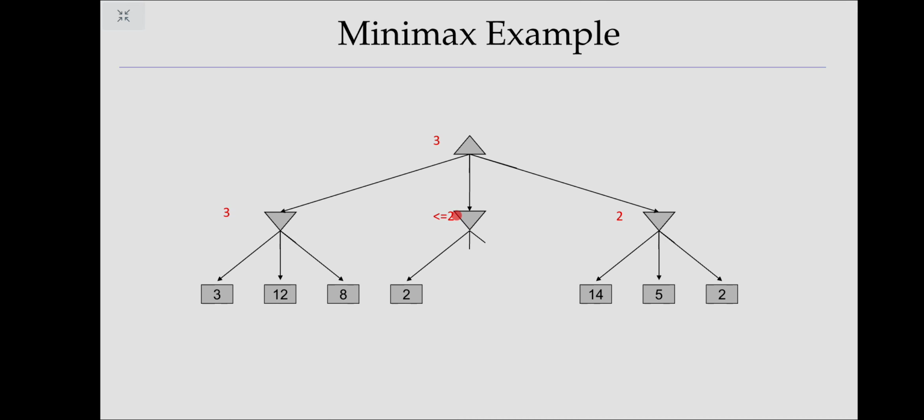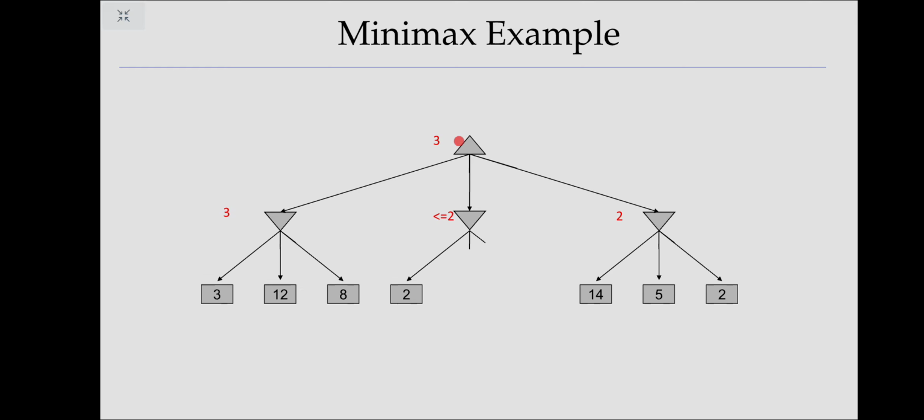Whether or not the other branches return more utility, because the min player minimizes the output of its children, it returns at most 2.